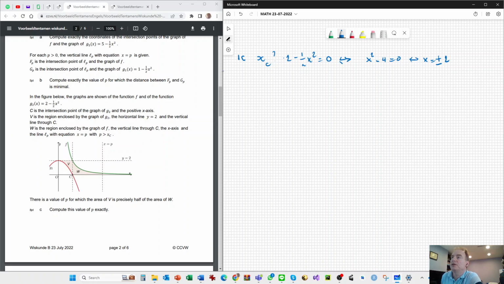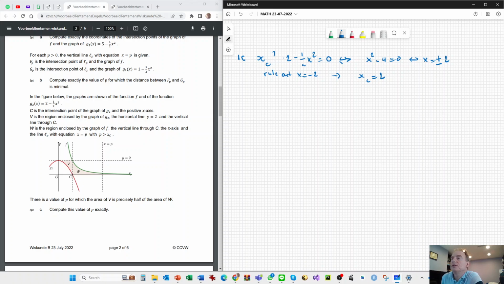This function is anyway symmetric in the y-axis. So we rule out x is negative 2. So xc can only be 2. And why do we rule it out?